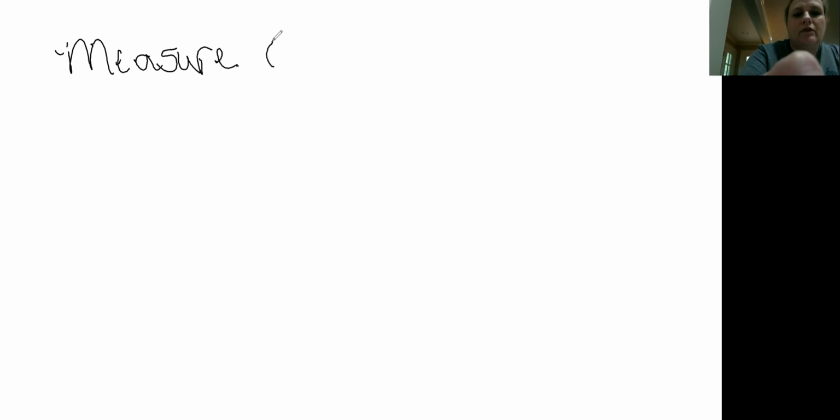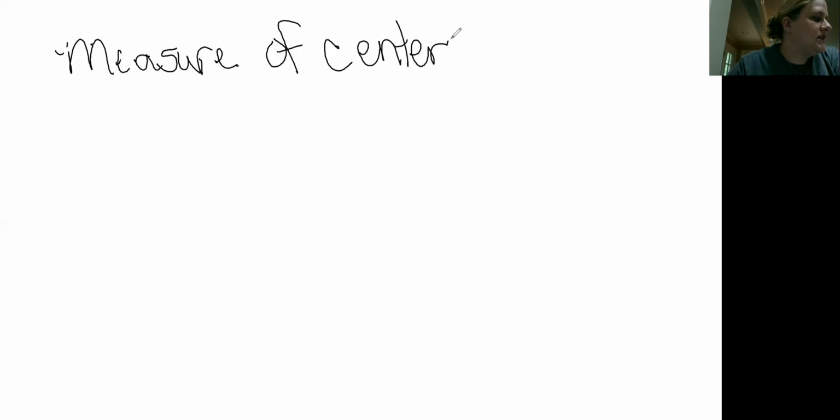okay, so the first vocabulary word you see is measure of center. And measure of center says a measure that describes the typical value of a data set. The mean is one type of measure of center. So that's one type of figuring out the typical value of a data set.